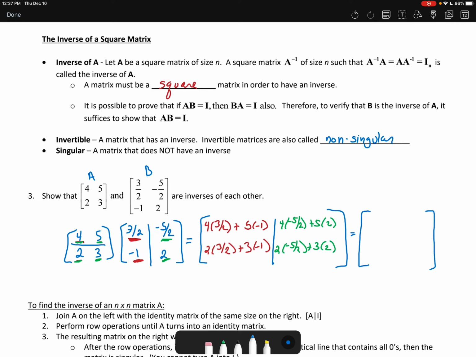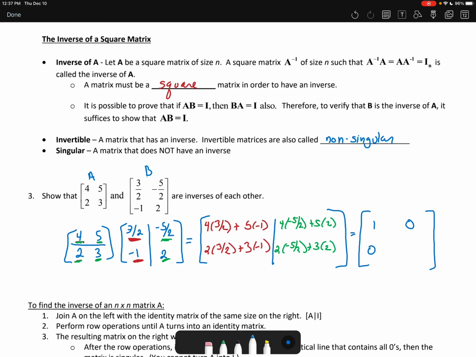Okay, now is when you want to grab your calculator out and have it do those calculations for you. What is 4 times 3 halves plus 5 times negative 1? What you're going to find is that gives you back 1. Feeling good about this so far. 2 times 3 halves is just 3, plus a negative 3 is 0. 4 times negative 5 halves plus 5 times 2 gives you back 0.